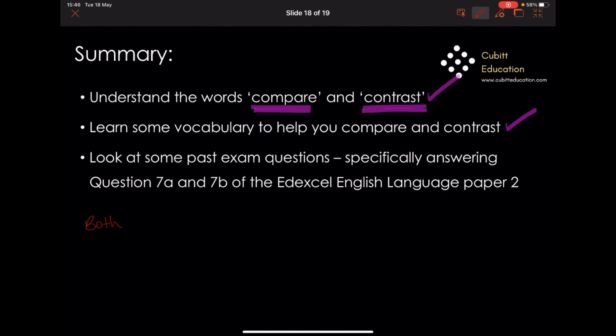We've said both, we've said however, differently. We also used the phrase different ways. So both texts talked about measurements but in different ways. We can say whereas: text 1 says this, whereas text 2 says that.